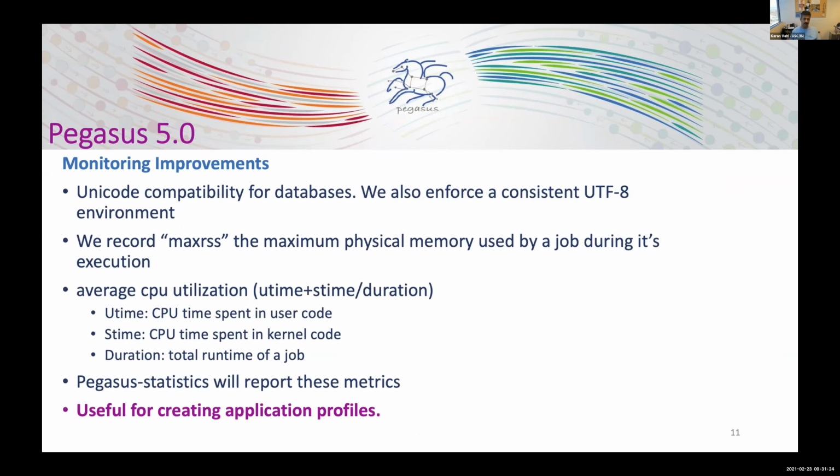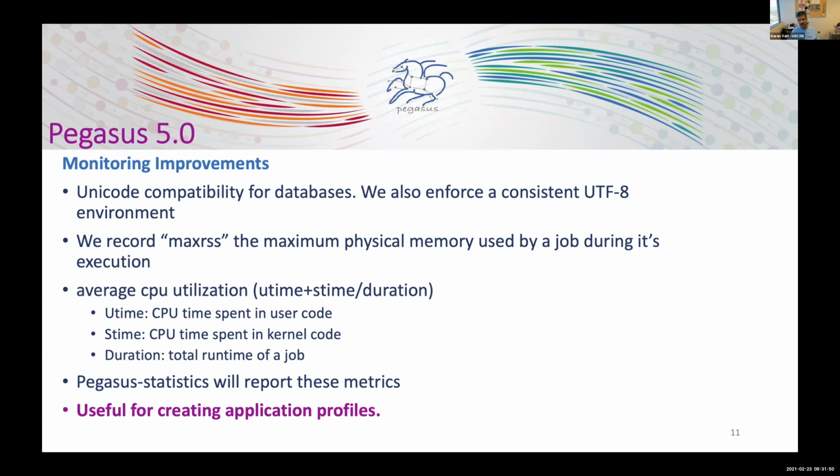On the monitoring front, we introduced a variety of new improvements. We have introduced Unicode compatibility for our monitoring bases. So we are enforcing a consistent UTF-8 environment. And in addition, in Kickstart records, there was a lot of useful information about the memory usage of your jobs.